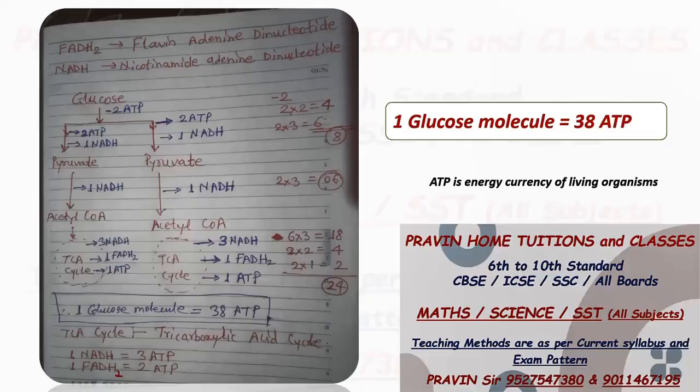Hello friends, in this video we will study when one glucose molecule is decomposed, how many ATPs are generated. ATP is adenosine triphosphate. It is the energy currency of living organisms.